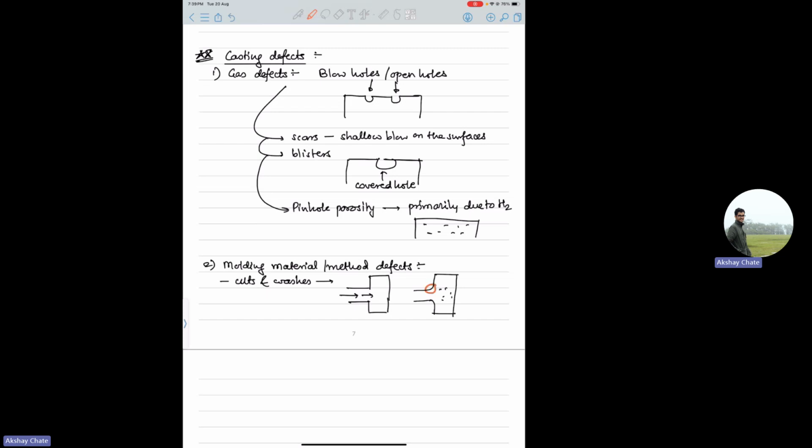So material from here will go inside. That's called cuts and washes, and it is like inclusions, mostly silicates, SiC. Why does this happen? If it is not properly rammed, or if the inlet velocity is too high, or if there is a lot of splashing inside before the solidification, those kinds of things happen. Cuts and washes.